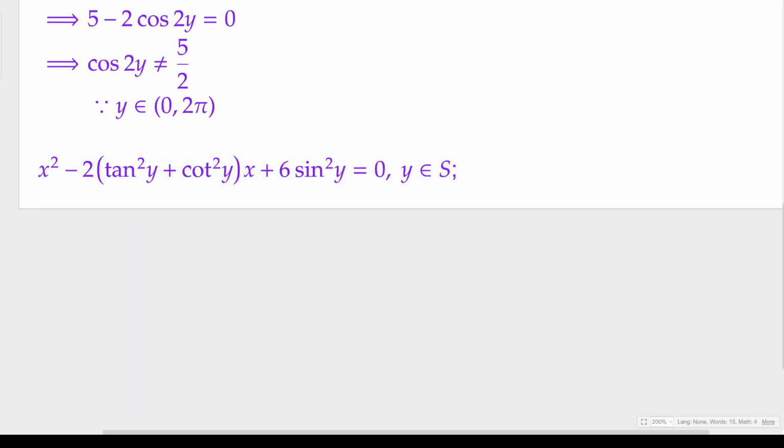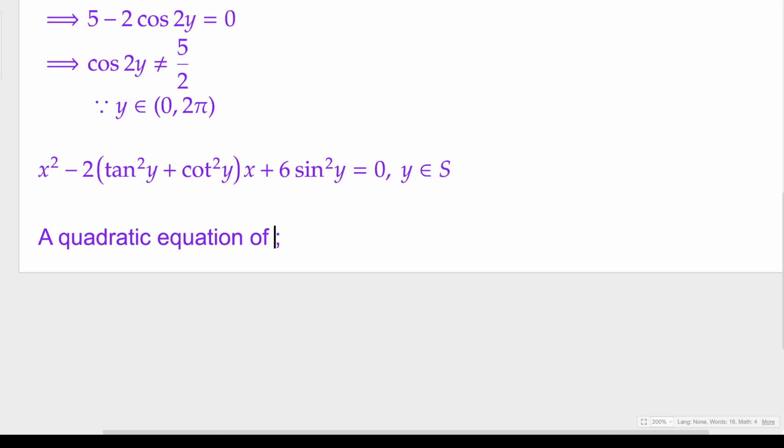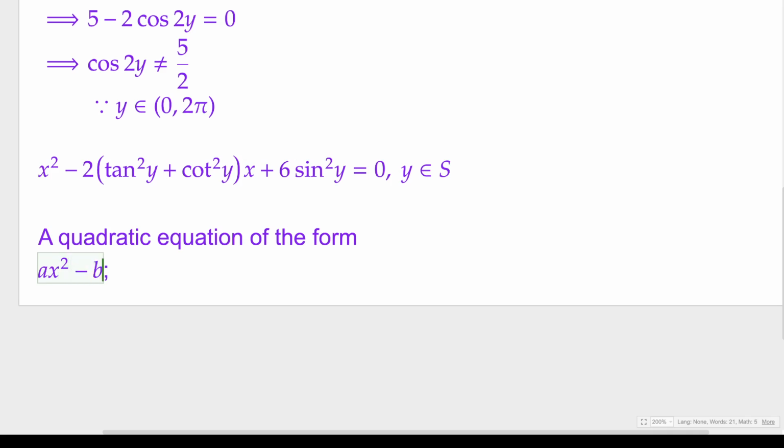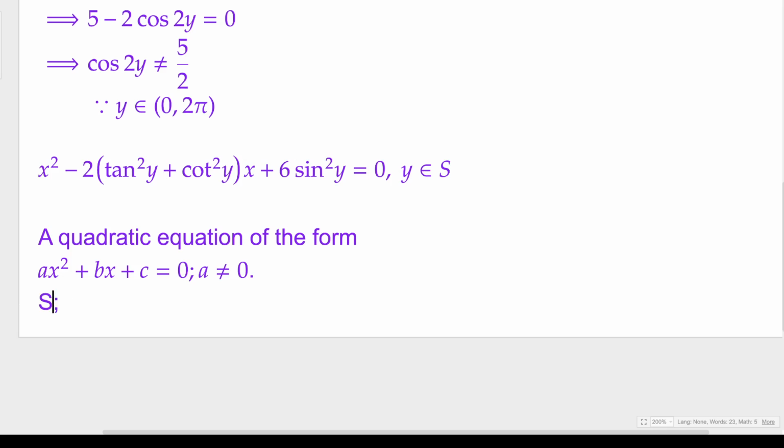So if you observe this one, according to the standard quadratic equation, a quadratic equation of the form ax square plus bx plus c, that is equal to 0, and definitely a cannot be 0. So from this we can say sum of roots, right?